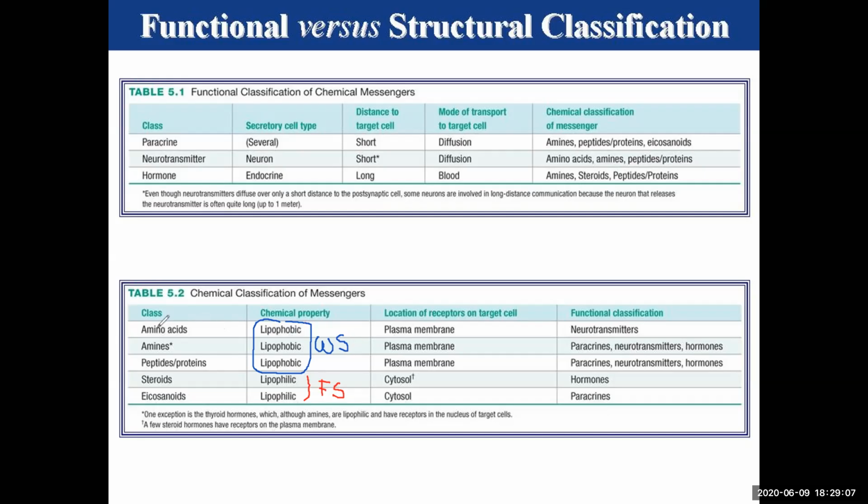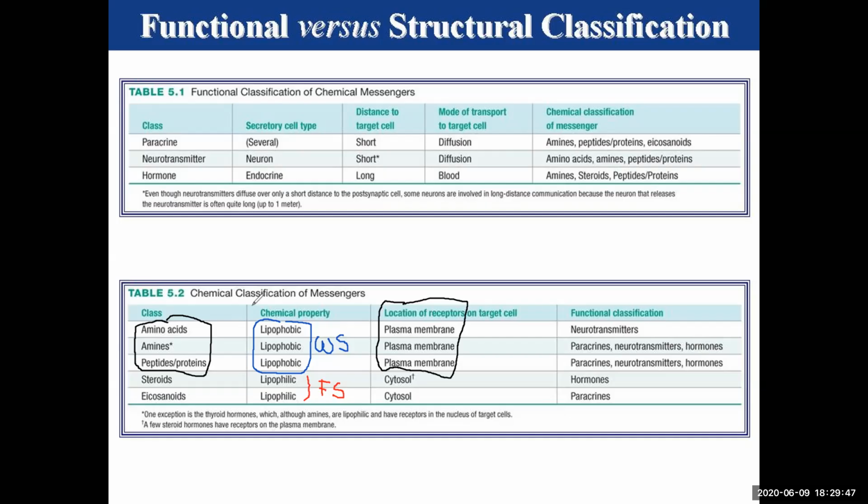So these are different classes of chemical messengers. If the chemical messengers are water soluble, they cannot cross the membrane. So you see the location of the receptor: they have to be on the plasma membrane for water soluble chemical messengers.